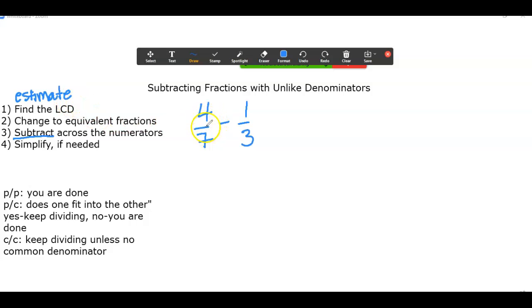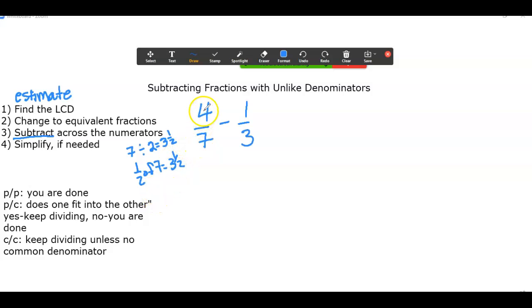So if I'm thinking about 4/7, I want to think about what's half of 7. Well, if I know 7 divided by 2 is definitely going to give me 3, right? And that's going to give me a leftover. So half of 7 is 3.5.